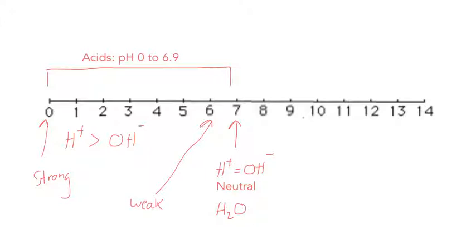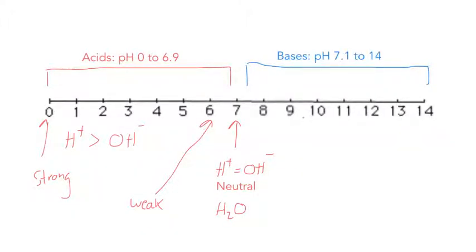The reason why is because as you're going closer to neutral, the concentrations of hydrogen ions and hydroxide ions are becoming close to equal. And our last category of substances that we have on the pH scale are our bases. So our bases are above 7, so it's going to be from pH 7.1 to 14.